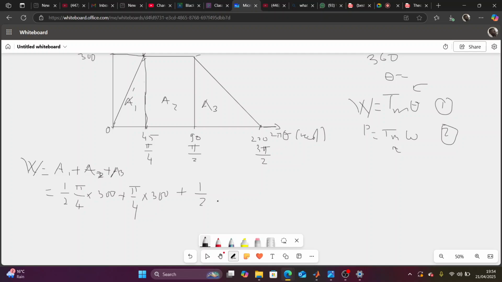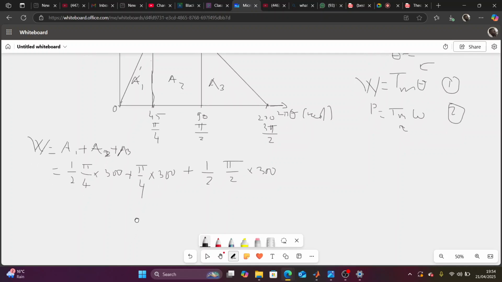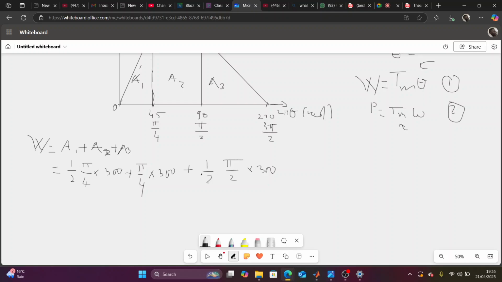It's pi over 2, which is 90. So half base, pi over 2. What is the height? The height is also 300. Can you make this calculation and keep the pi? Don't round it. If you calculate this, what do you get as the answer?